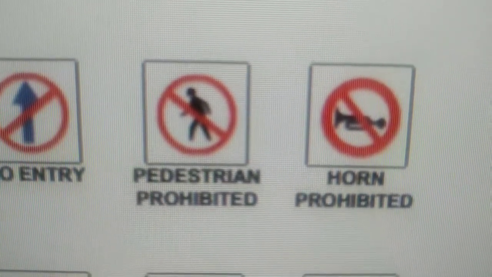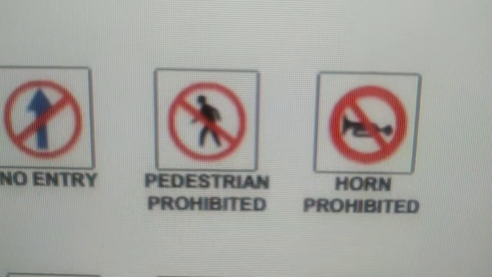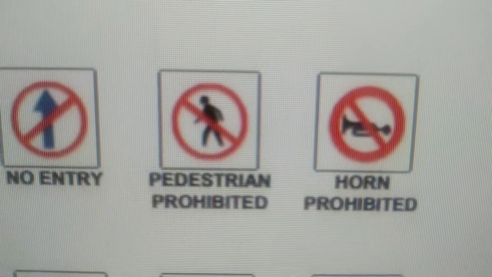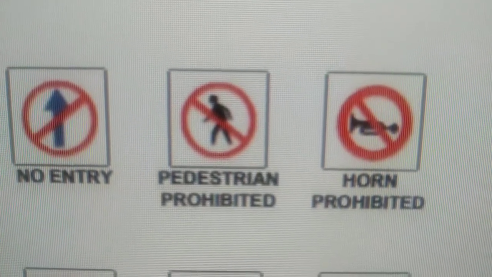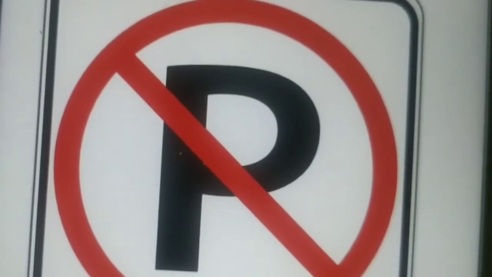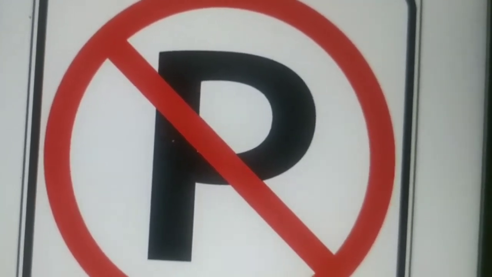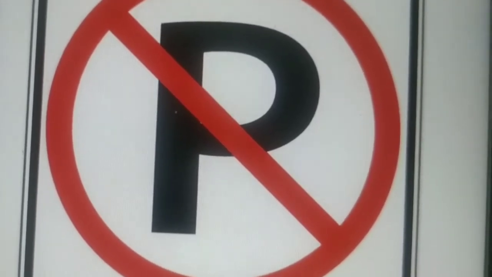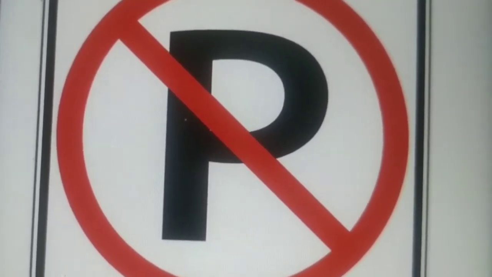Okay, horn prohibited. Then again a cross sign is given, which is also given in the book, right? Now this is a sign of no parking, right? It's P and there's a cross with red.